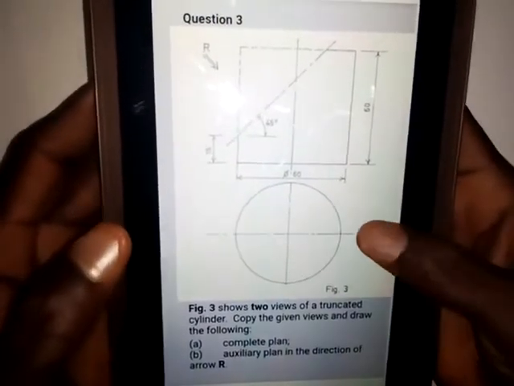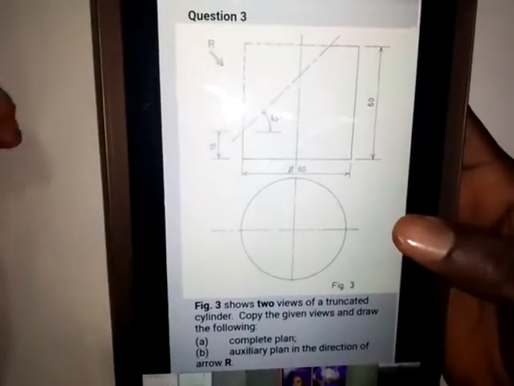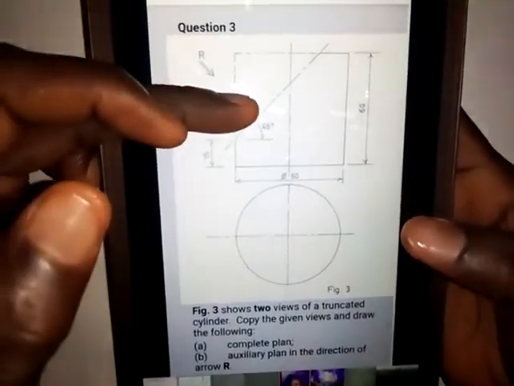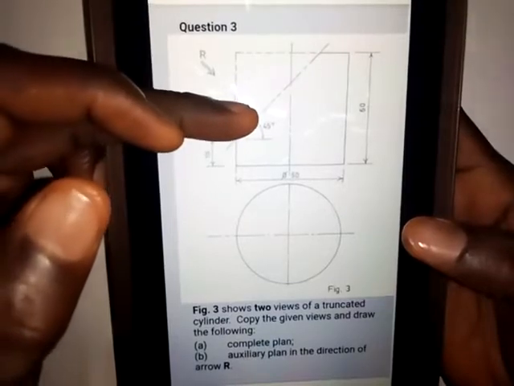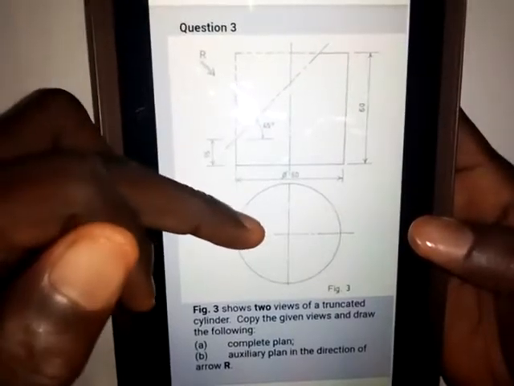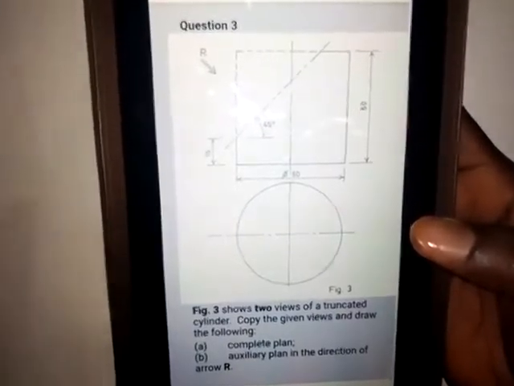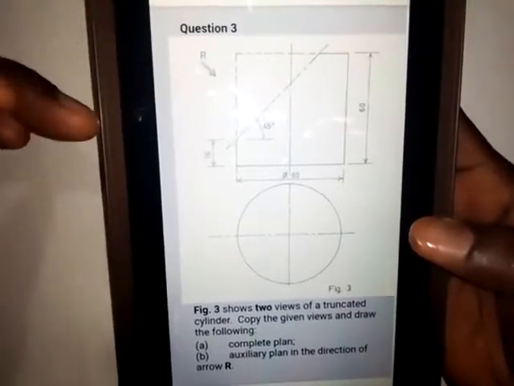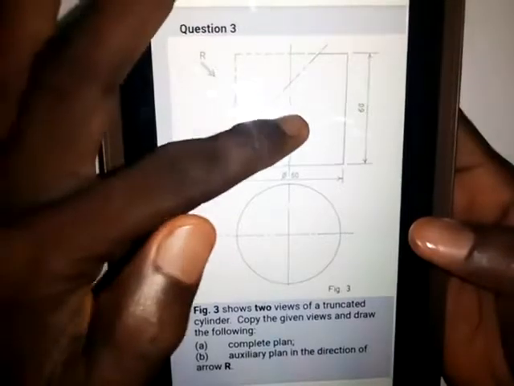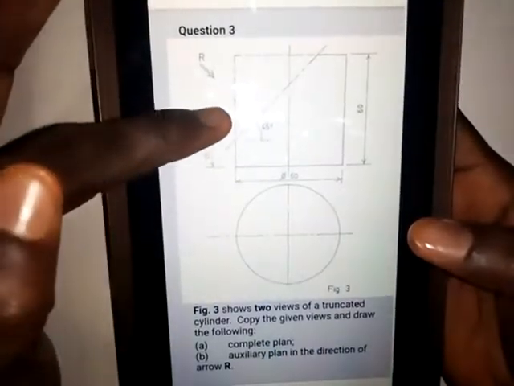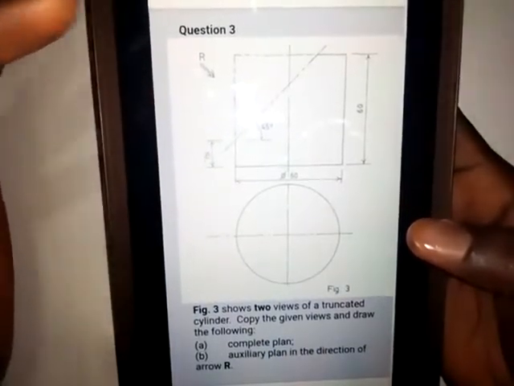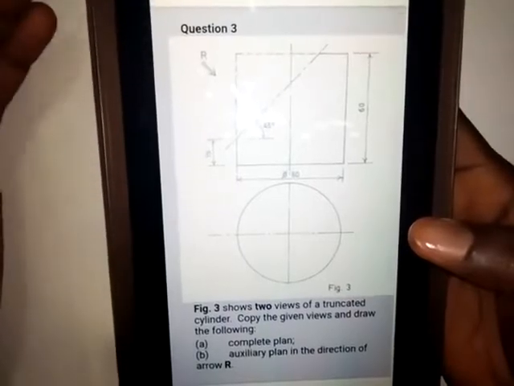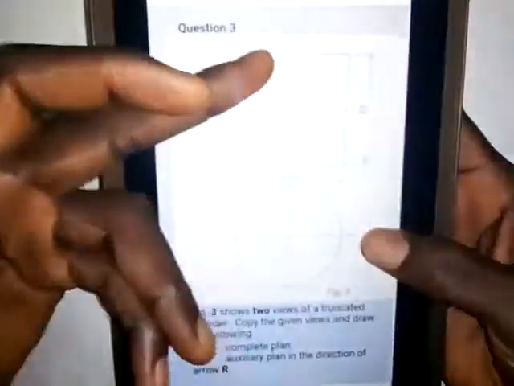So looking at the diagram that we have here, this is the front elevation of a truncated cylinder, and this is the plan of a truncated cylinder. They want us to draw a complete plan in the sense that this cylinder is a solid cylindrical object, and part of it is cut off.